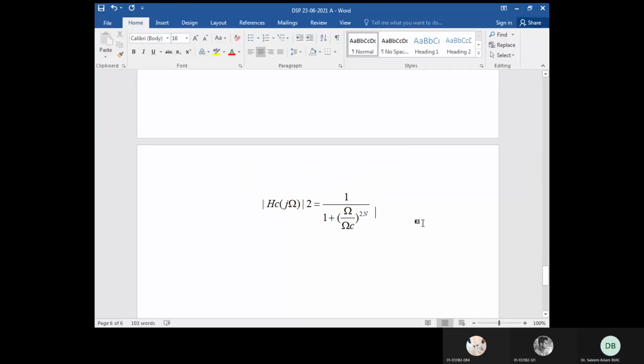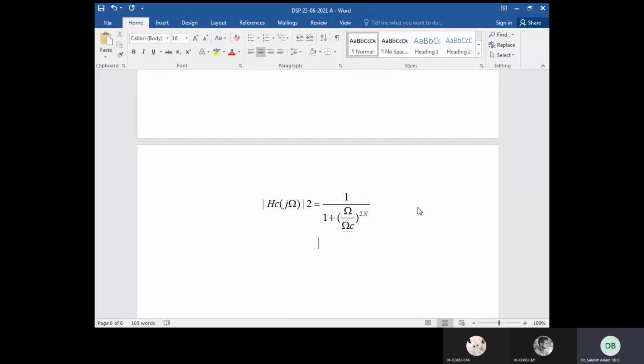So you can make 2 equations. How? You can replace this ohm with omega pass and replace this ohm with omega stop. You will get 1 equation for the pass band and 1 equation for the stop band. And then you have 2 equations and 2 unknowns, you can solve them simultaneously, and then you can find n and omega c.